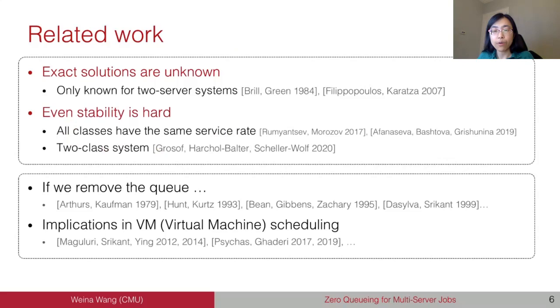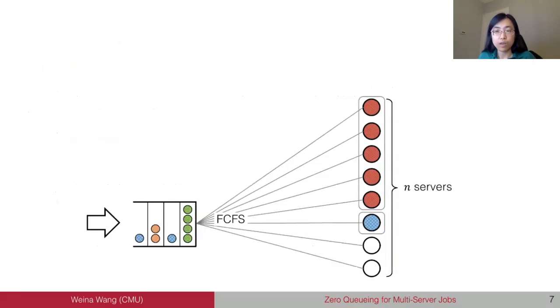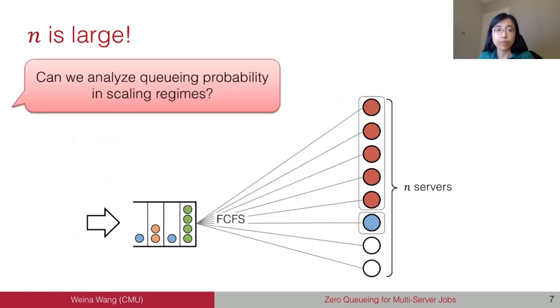So how can we make progress on this front? What new perspectives can we provide? If we look at a modern computing cluster, one of the most notable features is that it has a large number of servers, as we mentioned at the beginning of the talk. This complicates the analysis because the state space is enormous due to the large N, but it also brings a new perspective to the problem.